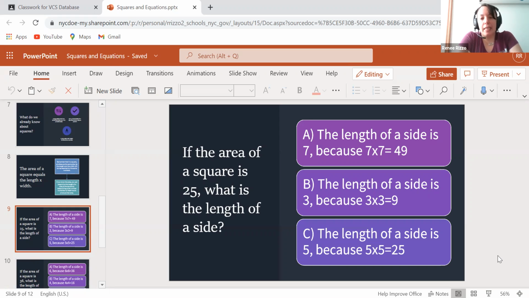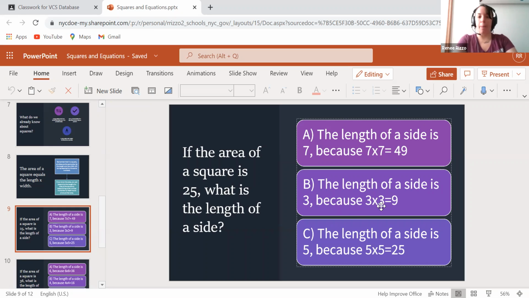Or C, the length of a side is 5 because 5 times 5 equals 25. So we know that we want both sides to be the same length. In all of these equations, 7 is multiplied by 7. It's multiplied by itself. So we know these sides have the same length.